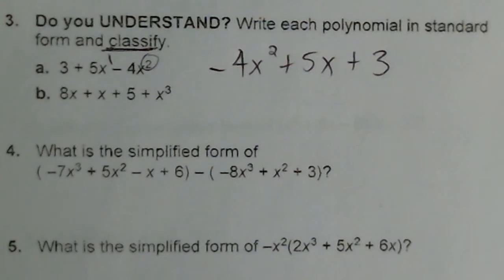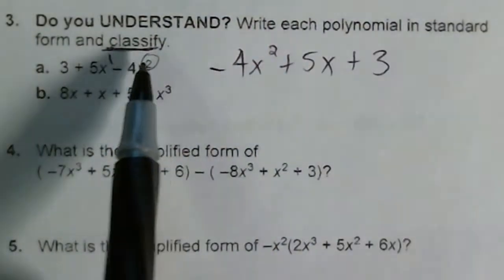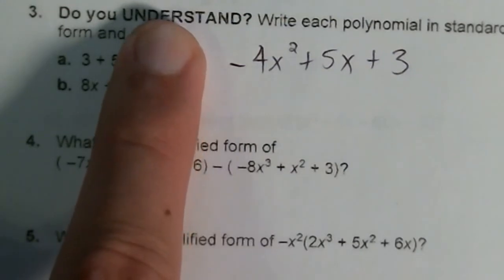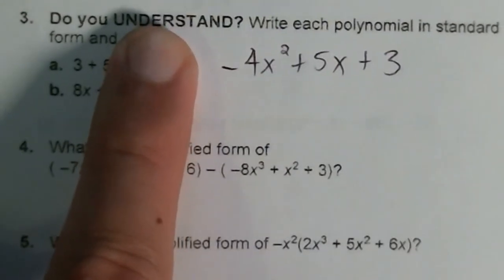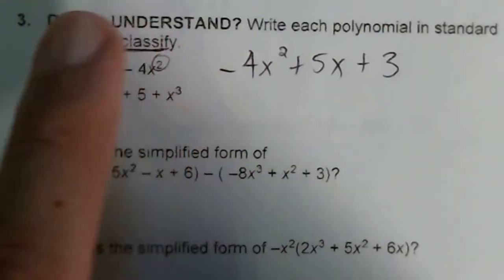I wish I had $1 every time a student missed free points because they simply didn't read the directions. A lot of students will read this and say, write the polynomial in standard form, and their brain stops. Okay, I can do that. I understand form, done. Go on to the next one. We live in this technology world where everything is just jump, jump, jump, zip, zip, zip. Everything's so fast. You got to remember to slow down and make sure you read directions.